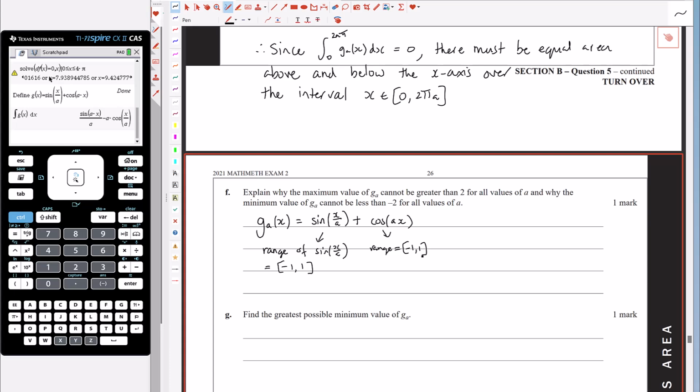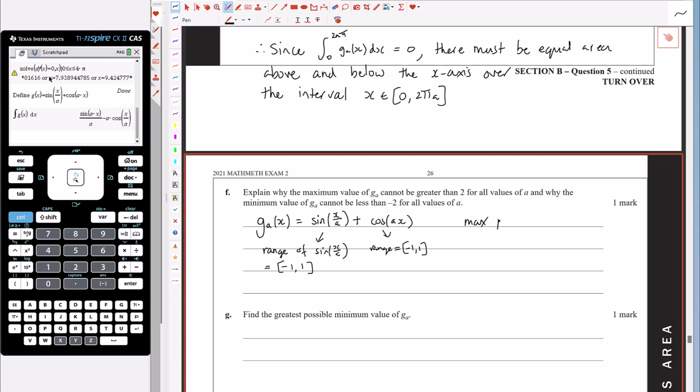And then the minimum possible value of GA would have to be where the two minimum values are added together, so -1 plus -1, and so therefore -2. And so we therefore know that the sum function can't have a maximum greater than 2, and a minimum that can't be less than -2.